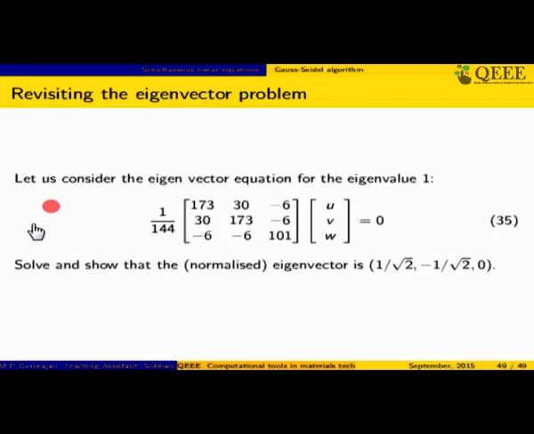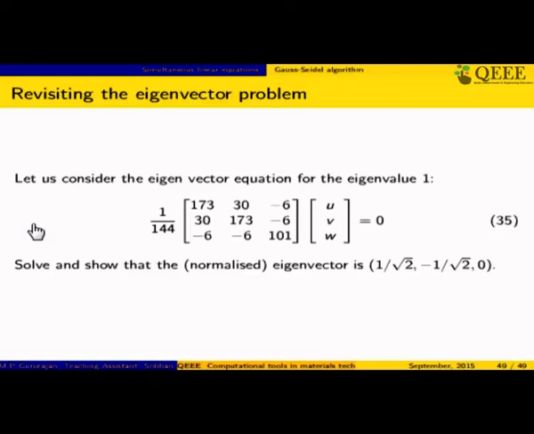So if you're getting values like that, then you are proceeding in the right direction, and after a large number of iterations you are going to get there. The actual solution is 0.707, minus 0.707 and 0. So probably the elimination method will give this to you the quickest, and you can try. I'm going to stop here at this point.